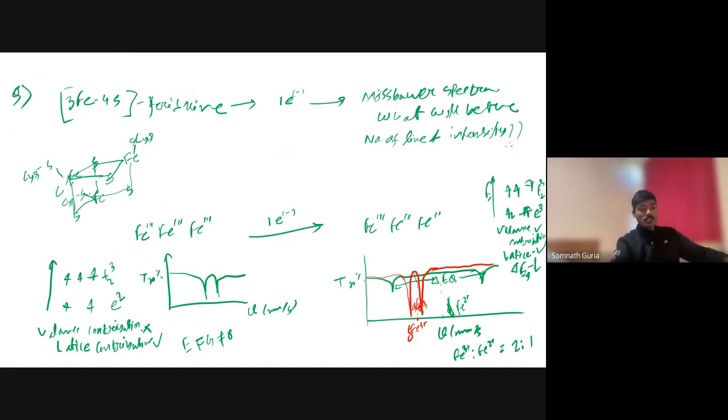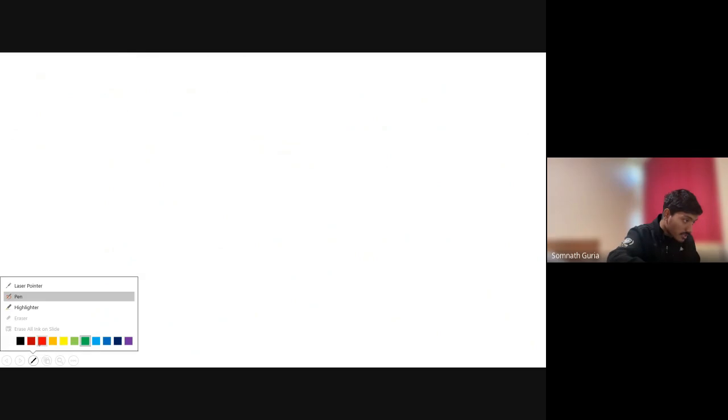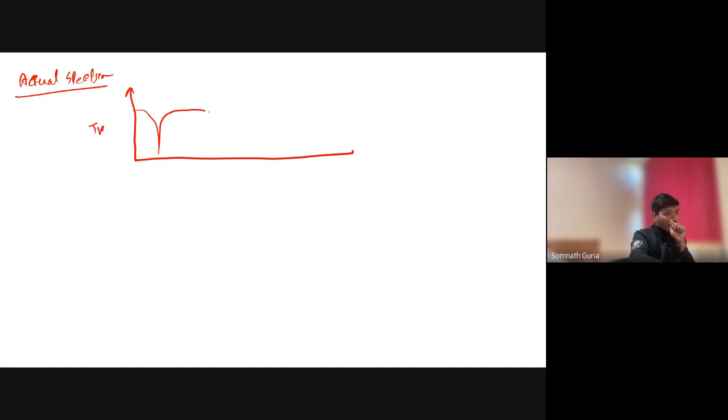But in general, what do we get? We get something different. We generally get the actual spectra looking like this. Sorry, I can't draw it properly.